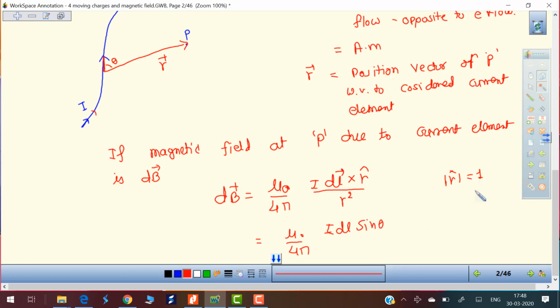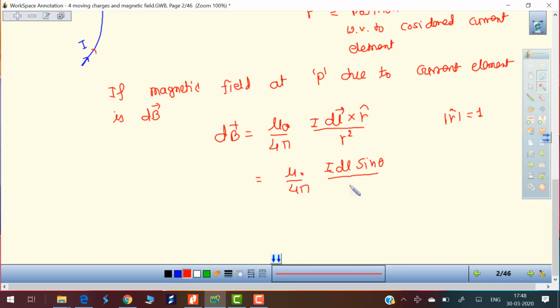It is not necessary to mention, it is very well understood, and divide by r square. Sometimes you see vector r used, because the unit vector is vector r upon magnitude of r, so sometimes you find vector r upon r cube. R cube doesn't mean that it is a cube law. No, it is an inverse square law, which is similar to Coulomb's law.